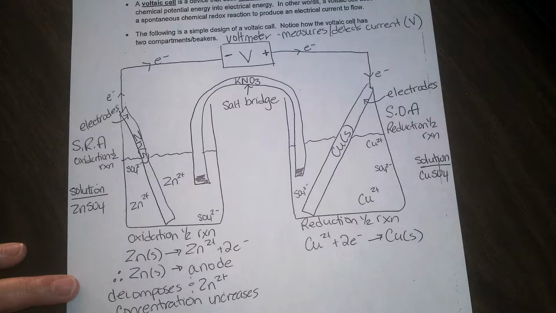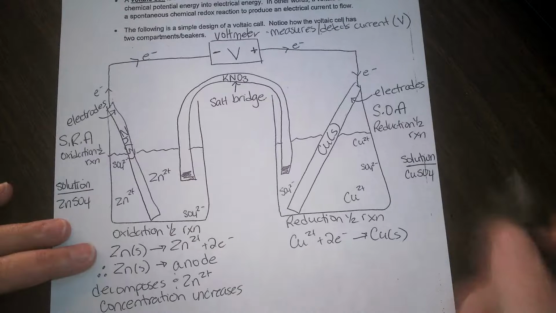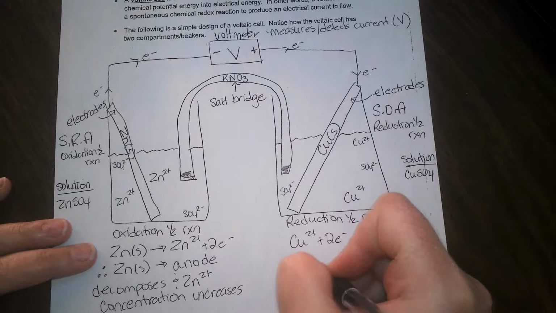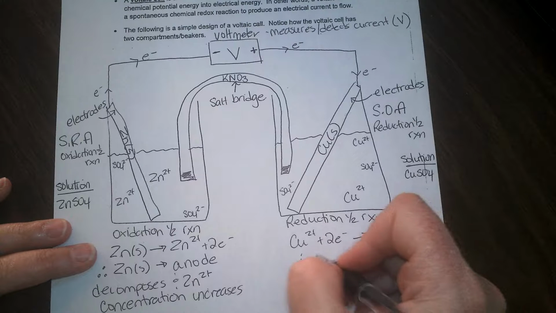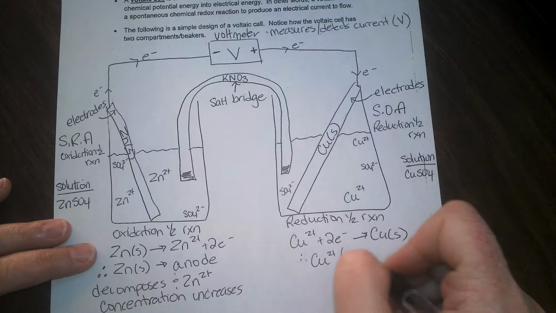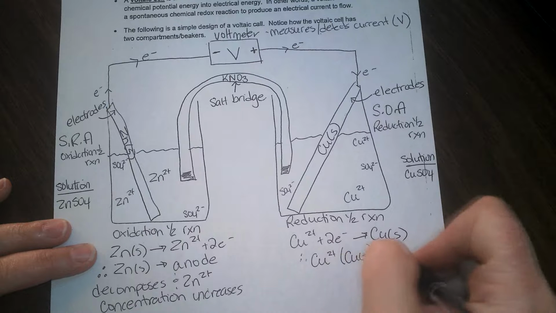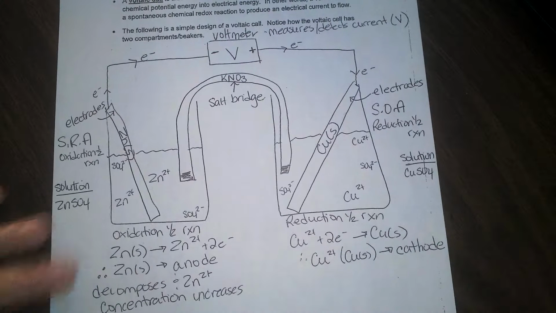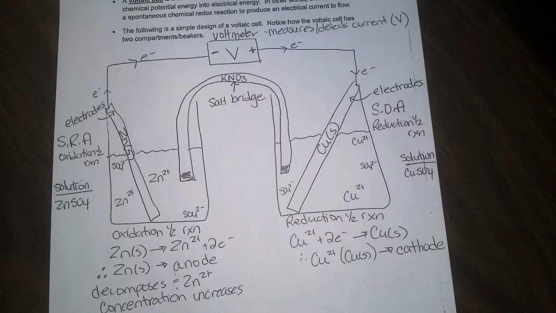Okay. Let's look at the copper electrode. This is copper 2 plus. So the copper solid is happening at what we call the cathode. Remember what we said about anions and cations? Anion is a negative ion and cathode is C, a positive ion.